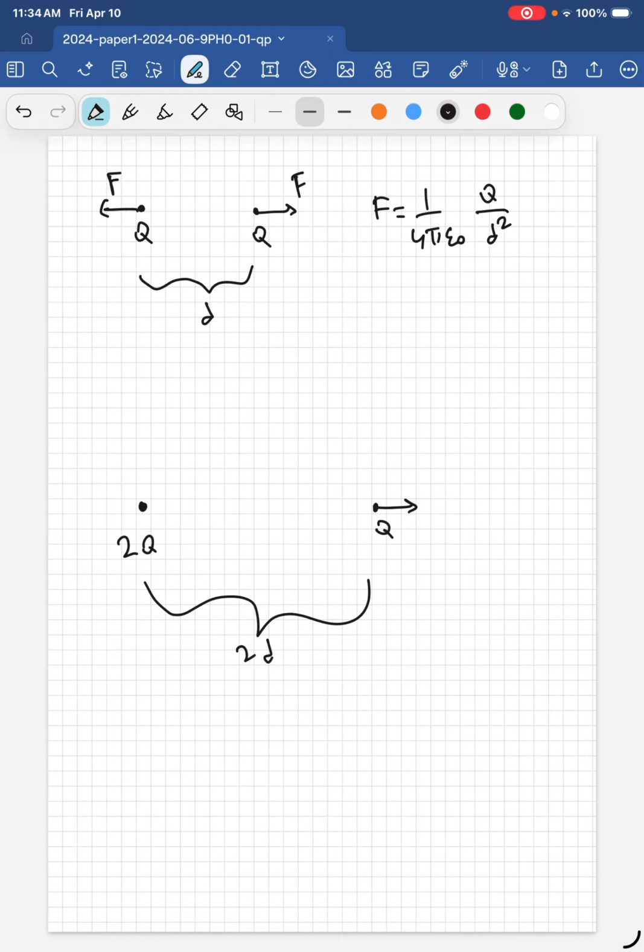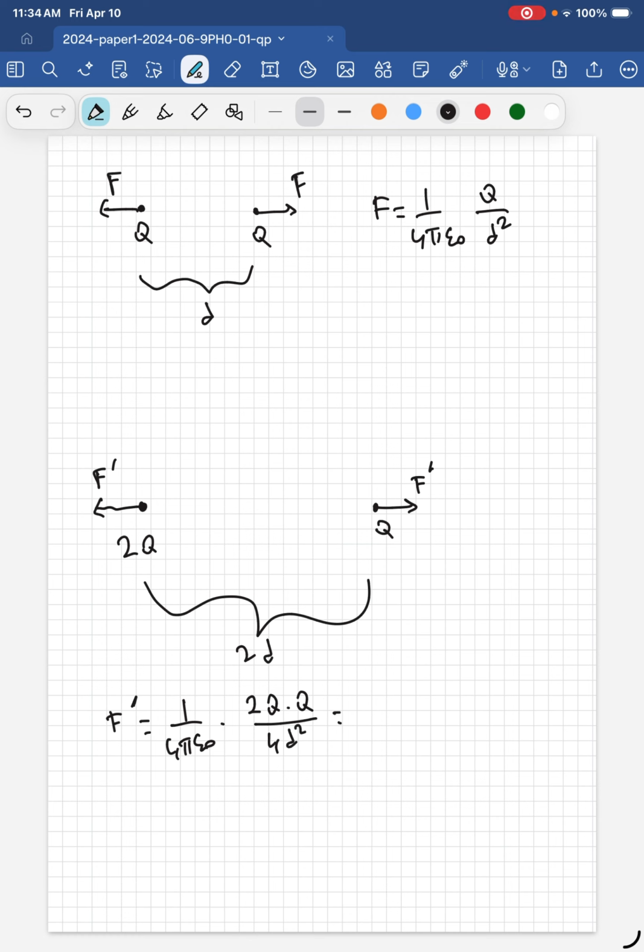So again, the two forces will be equal. Don't get confused with that. This is because they obey Newton's third law. So the new force, which I called F prime, is 1 over 4 pi epsilon naught times 2Q times Q over 4D squared, right?